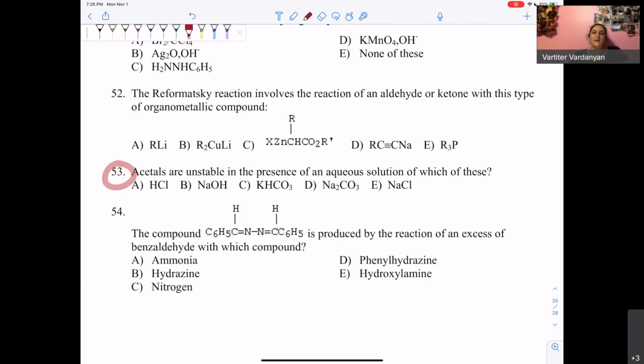So acetals are stable in base and reactive in acid. If it's asking which one it's unstable in, would we pick an acid or a base? Acid. Cool. And the only acid here is A. So that's the answer.